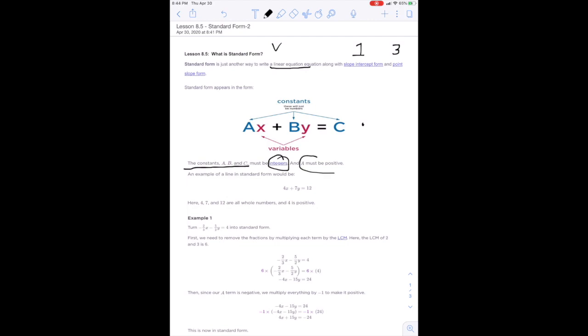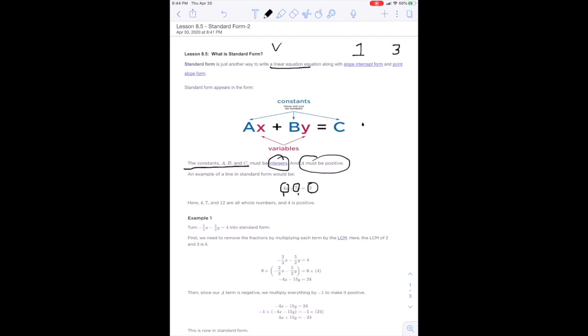A must be positive. So an example of a line in standard form would look like this. You've got 4x plus 7y equals 12. You'll notice that the 4, the 7, and the 12 are all whole numbers and that the 4 is positive.